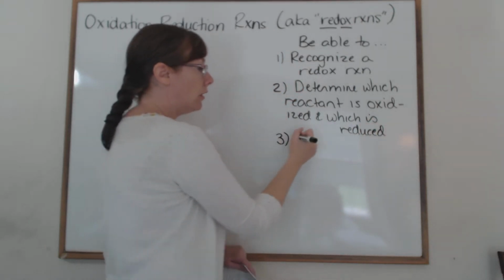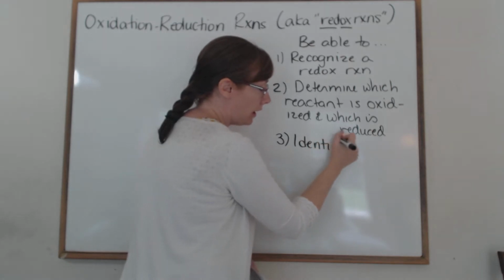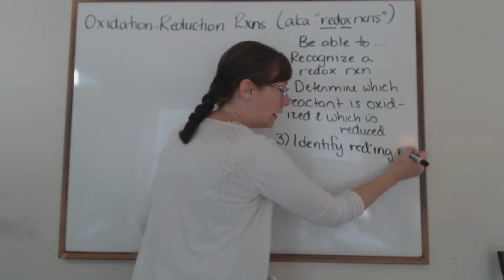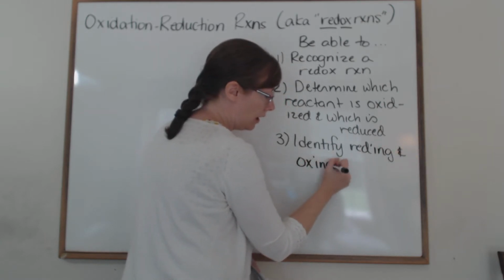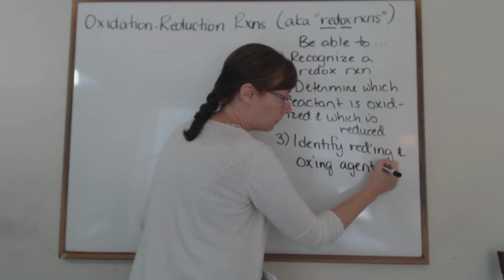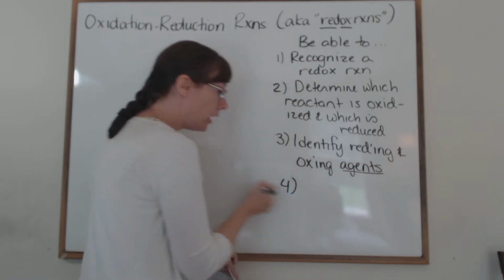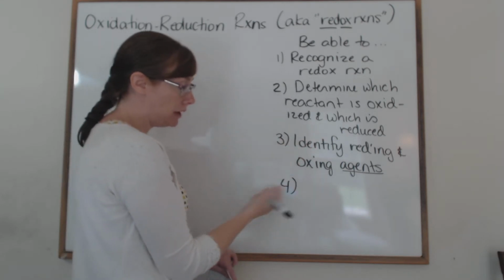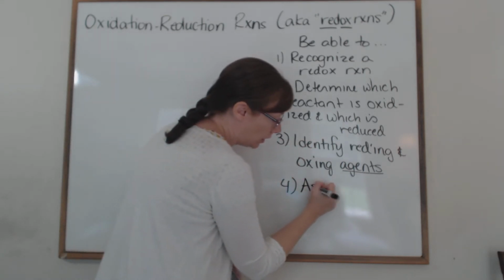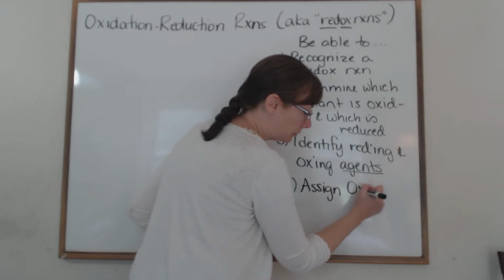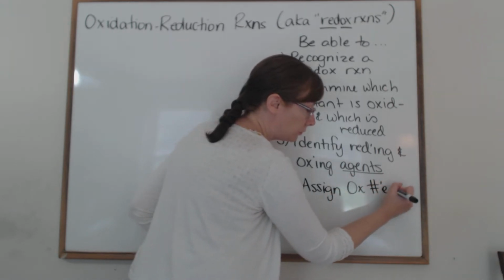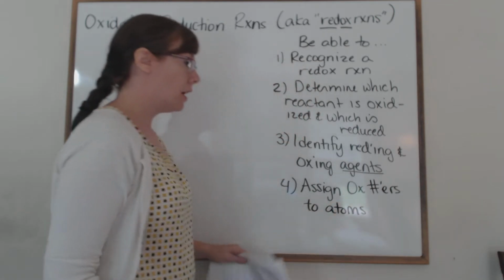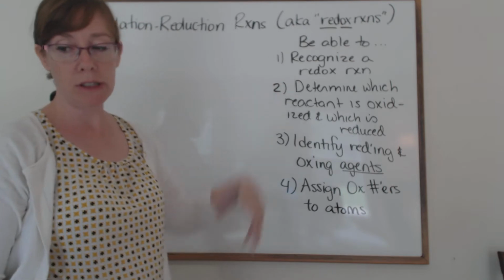Number three, you are going to have to be able to identify reducing and oxidizing agents. And number four, in order to do these things, and what I'm going to show you how to do, you are going to have to know how to assign oxidation numbers to atoms.